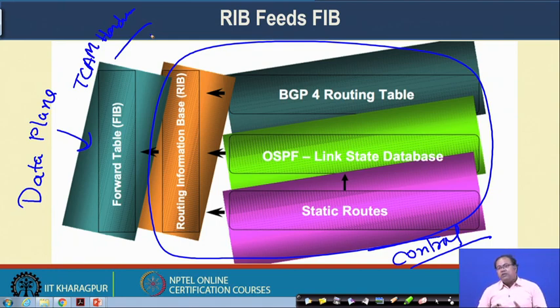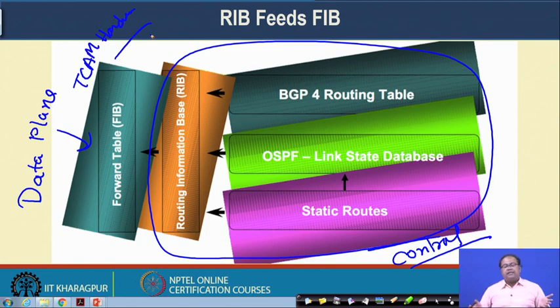I am not going into the detailed logic design of the TCAM hardware. If you are interested, you can look into it. It is a special type of hardware which makes fast lookup of information inside a table.